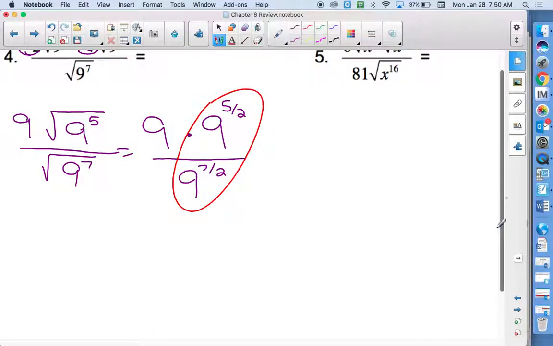So the larger power's in the denominator. This 9 is going to stay up on the top. We're subtracting these, but this one's going to go on the bottom because the larger power is on the bottom. So we have 7 halves minus 5 halves, which makes 2 halves, which is just a 1.